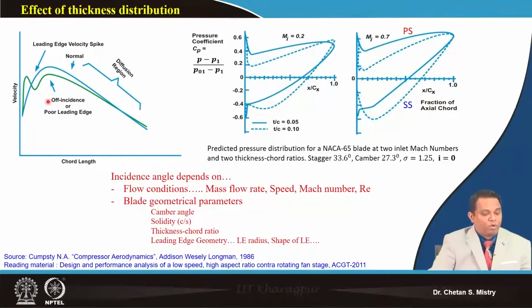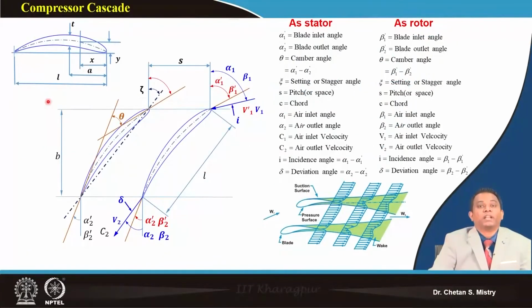Okay. Now let's move towards the next understanding. At the entry we have discussed the incidence angle. The second important parameter for us to consider is the deviation angle, which we have discussed earlier also.